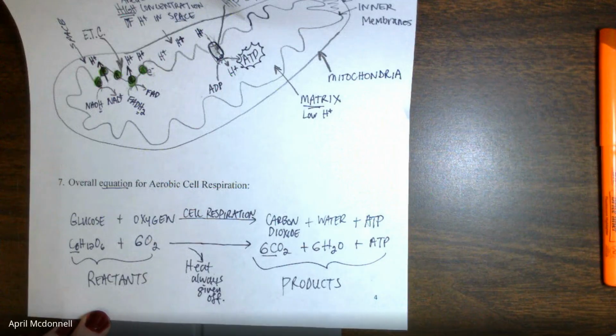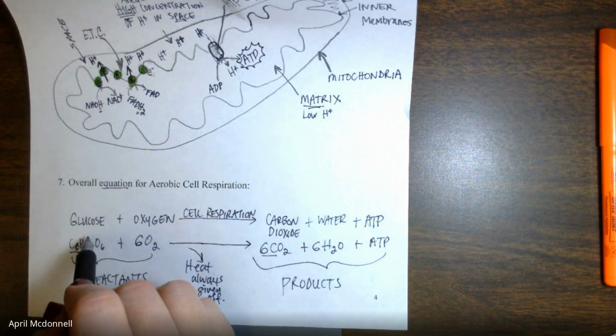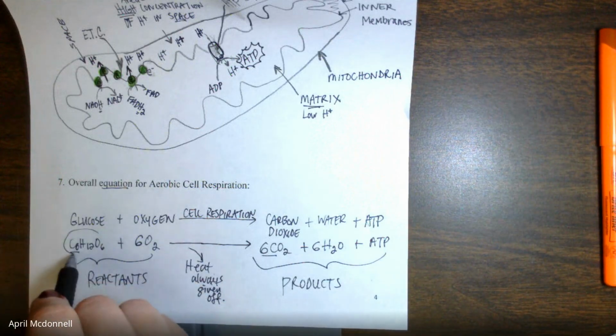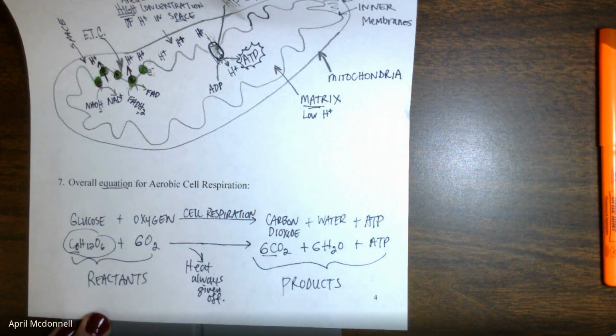So when you study the equations for these pathways, make sure that you study the balanced equation. For example, I could say during the process of cell respiration, when one molecule of glucose is metabolized or broken down during cell respiration, how many molecules of carbon dioxide are produced? Well, it looks like there's 6 molecules of carbon dioxide produced.